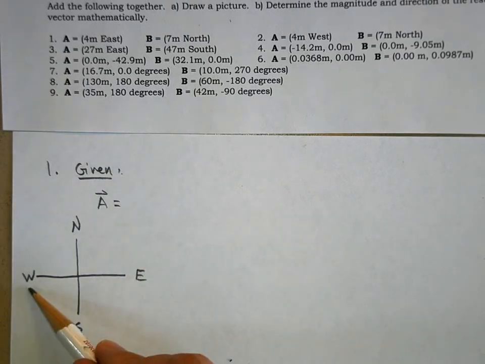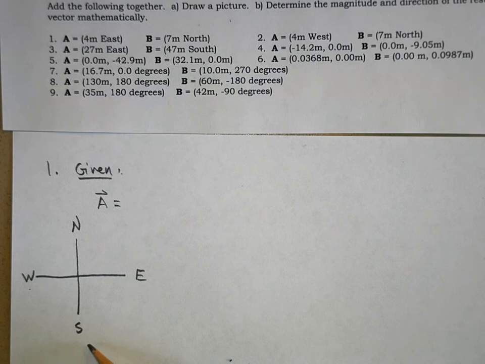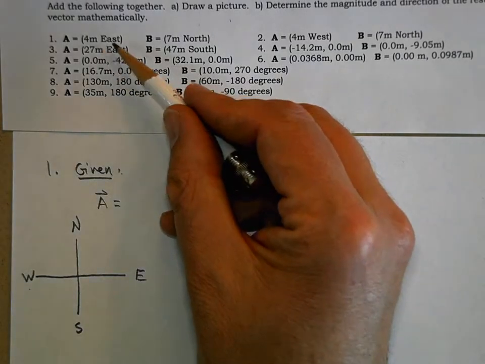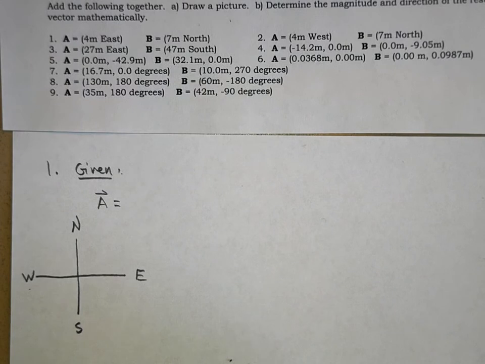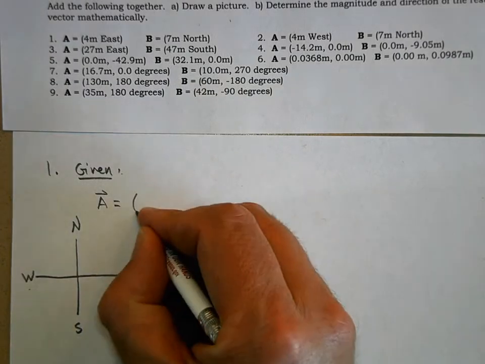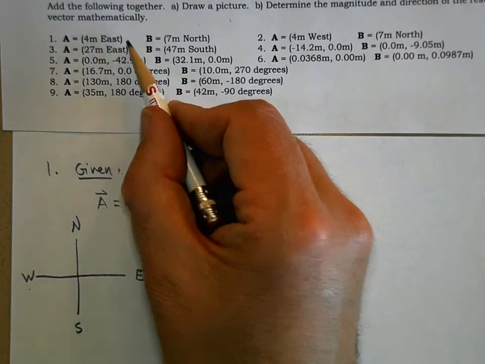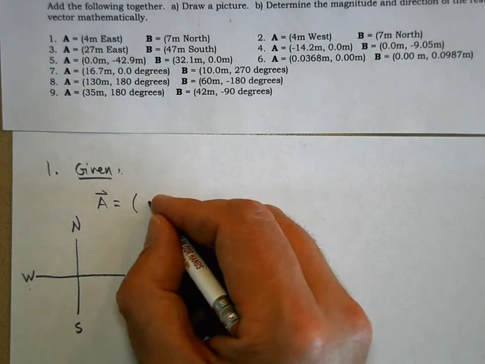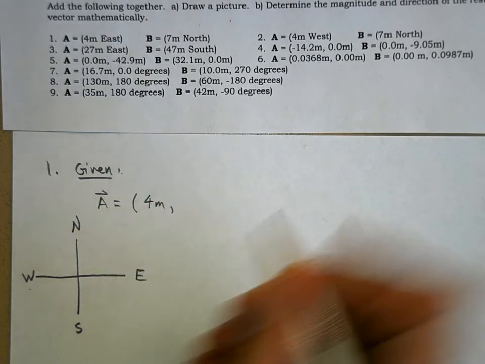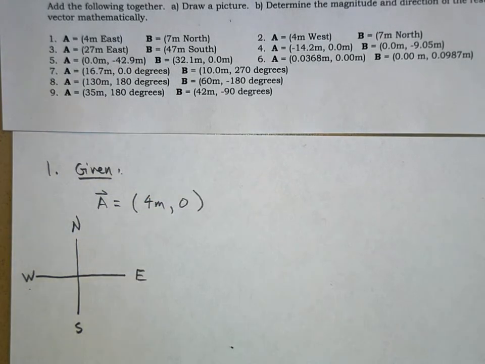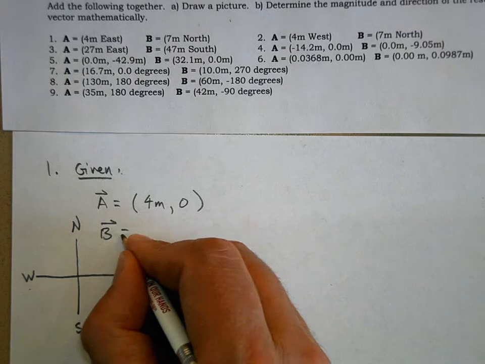West is the negative x direction, and south the negative y direction. So when I say A is 4 meters to the east, I can write it in rectangular coordinates. 4 meters to the east is just 4 meters in the positive x and 0 meters in the y direction.